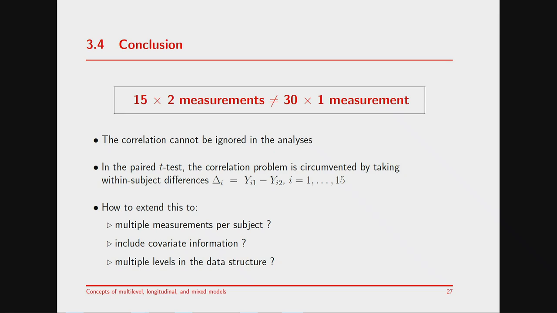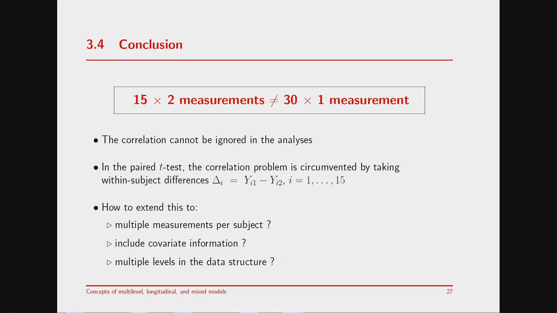Now, how does the paired t-test handle the correlation? It doesn't. It avoids it. It circumvents the correlation. And how does it do it? By taking differences. And the moment you take these differences, the next step is to analyze these differences, but then you have only one observation left per subject.